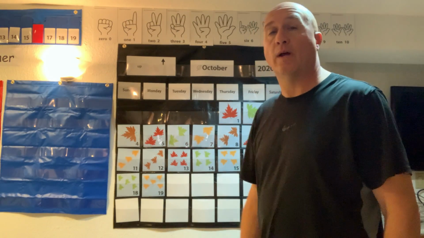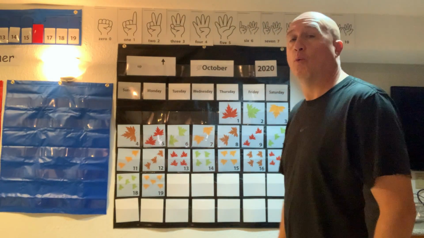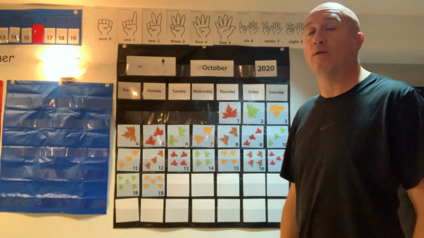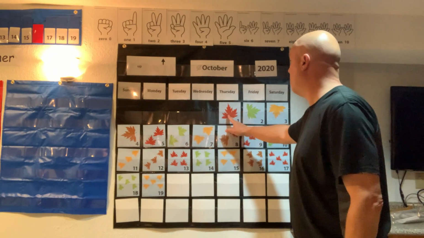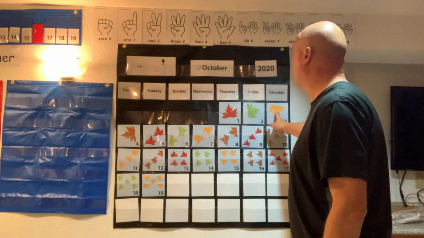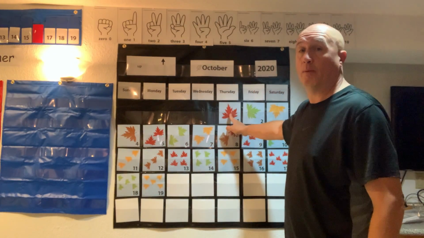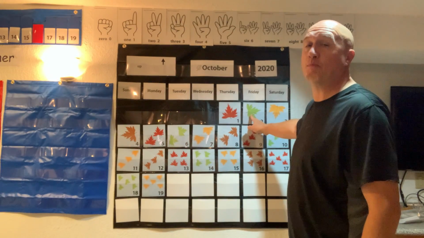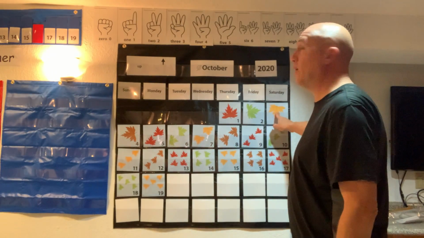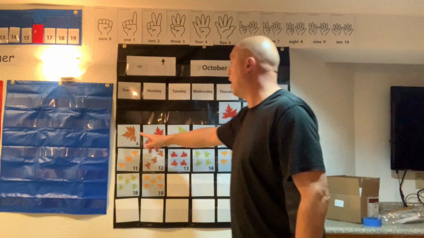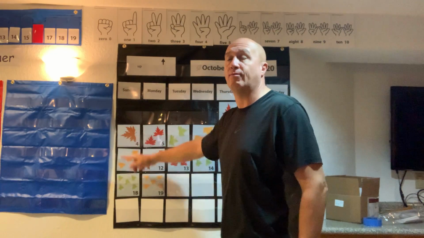Let's review a little bit of what we learned yesterday. We know that we have 4 different color leaves: red, green, yellow, brown. We know that red leaves point up. We know that green leaves point to the right. We know that yellow leaves point down. And we know that brown leaves point to the left.